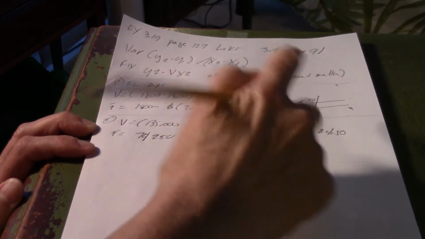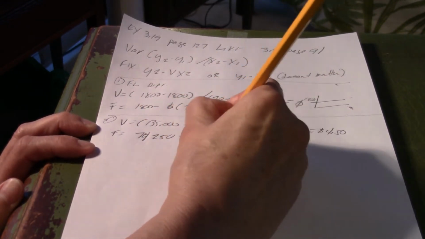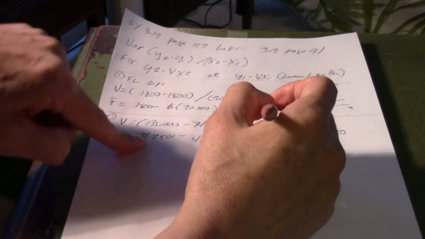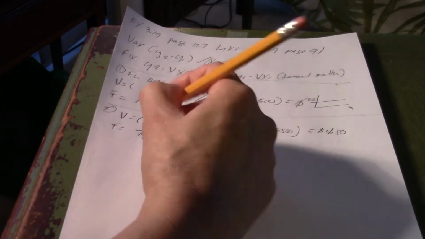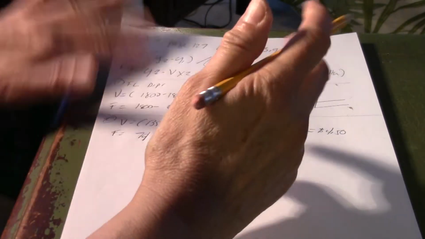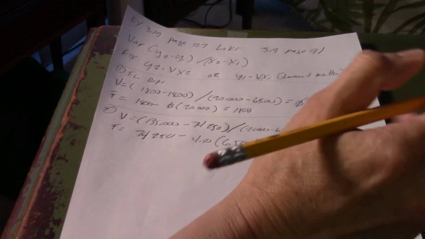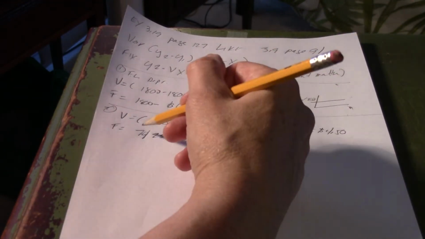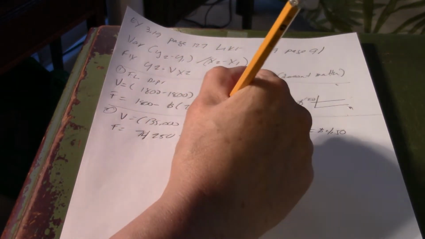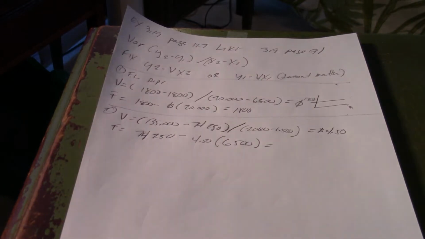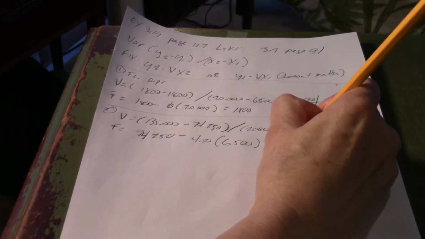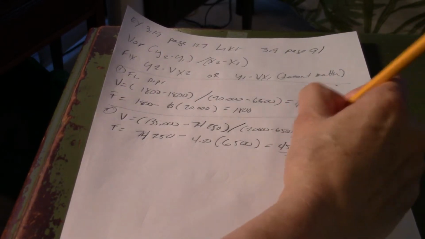Minus our 4.50 times what goes with 74,250, 6,500. Right? You got to match your high with your high or your low to your low. It doesn't matter whether you use high or low, but that's what you do. So 74,250 minus 4.50 times 6,500 is equal to 45,000.